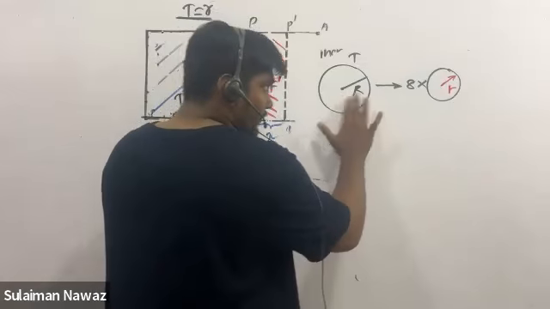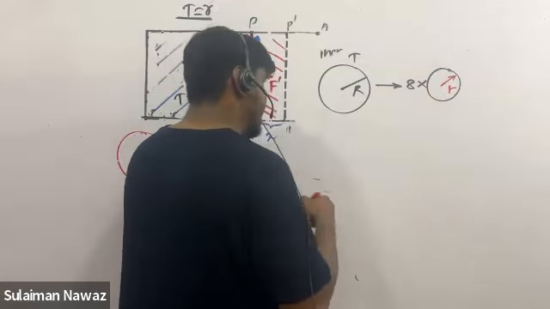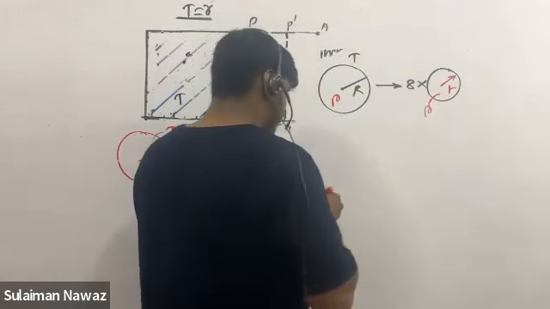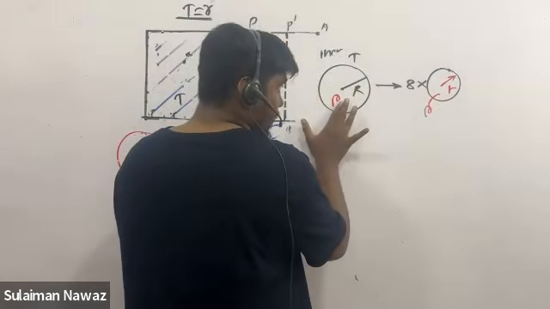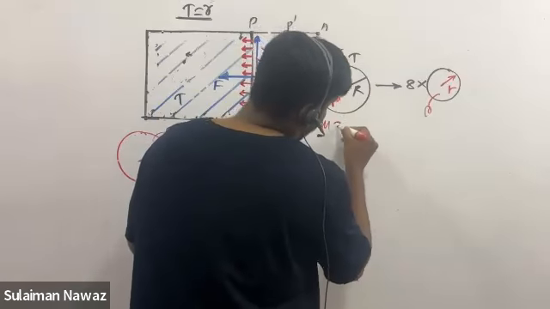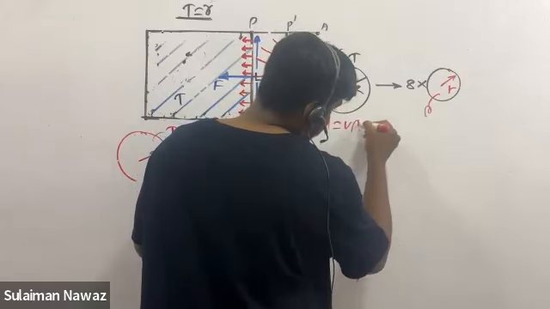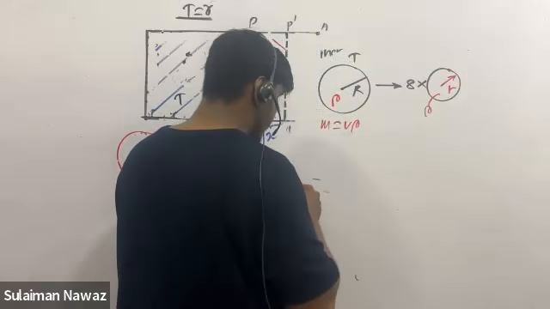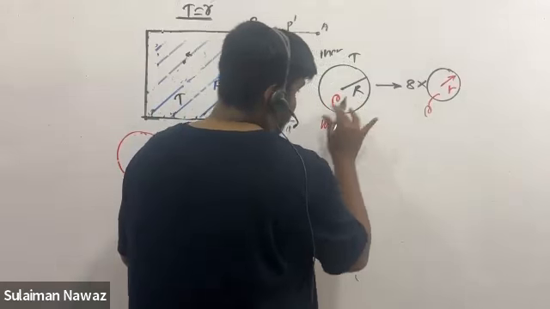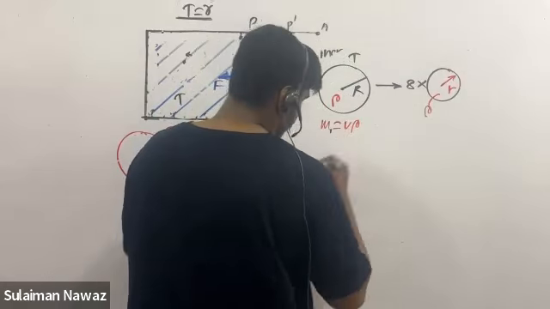Now, both of them are the same liquid. Therefore, I say the density is rho. Both of them have the same density rho. Then I can find the mass of this droplet. Mass means volume times density, right? Now volume. I say this mass is M1.